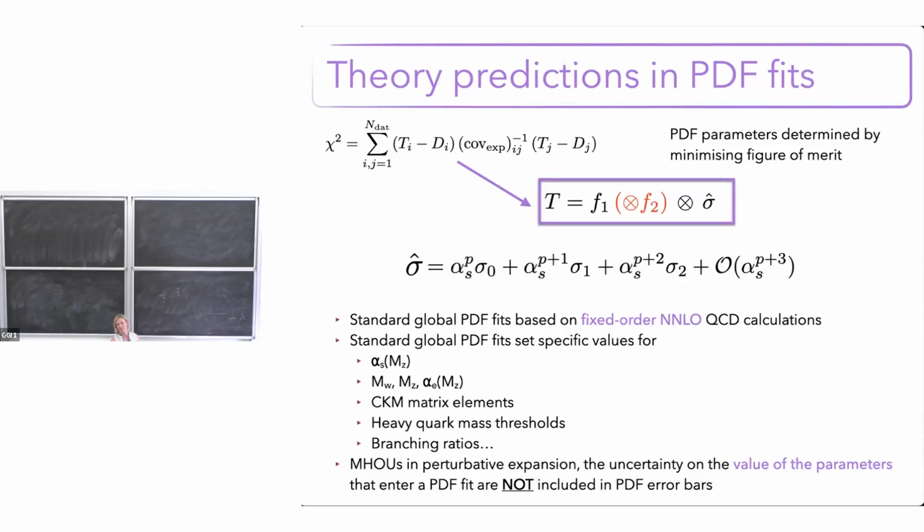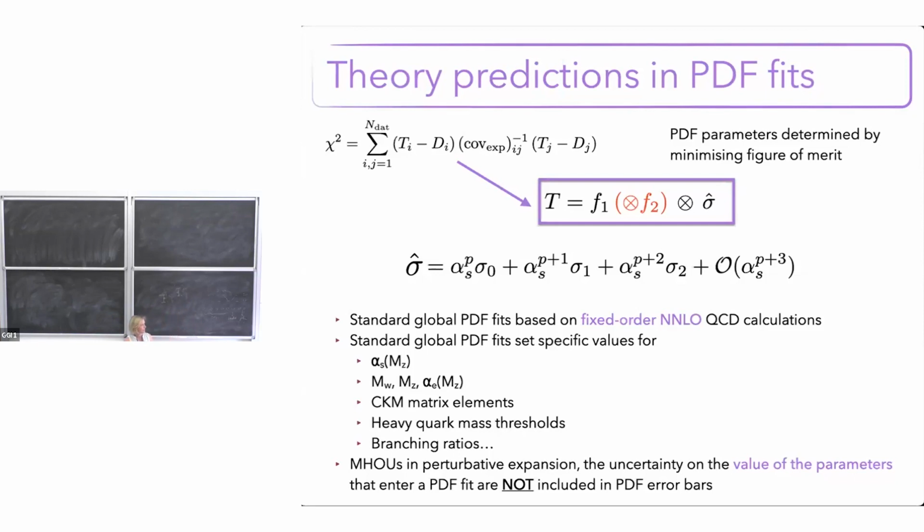We always have to do interpolation grids to have a fast interface between the real calculation at higher orders and what you put in a fit. Okay, the people who developed APPLgrid or FastNLO, they did a great service to the community, because otherwise we would not be able to calculate NNLO QCD calculation so fast and so many times during the fit.